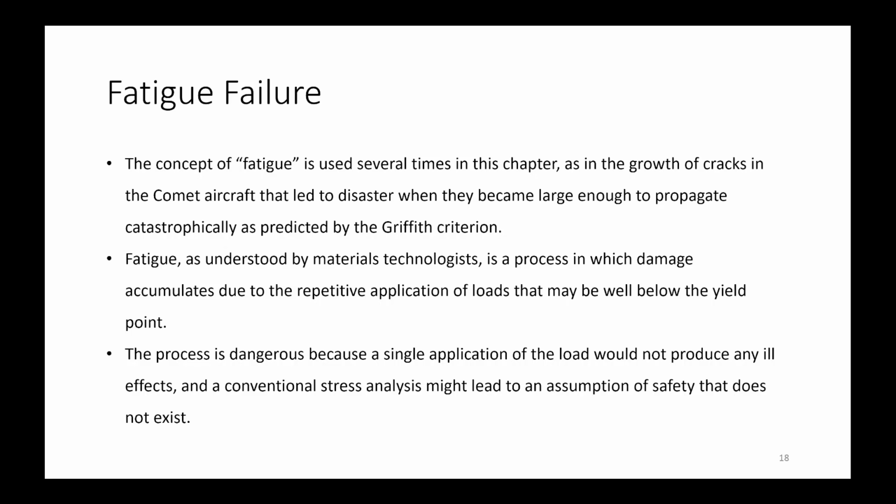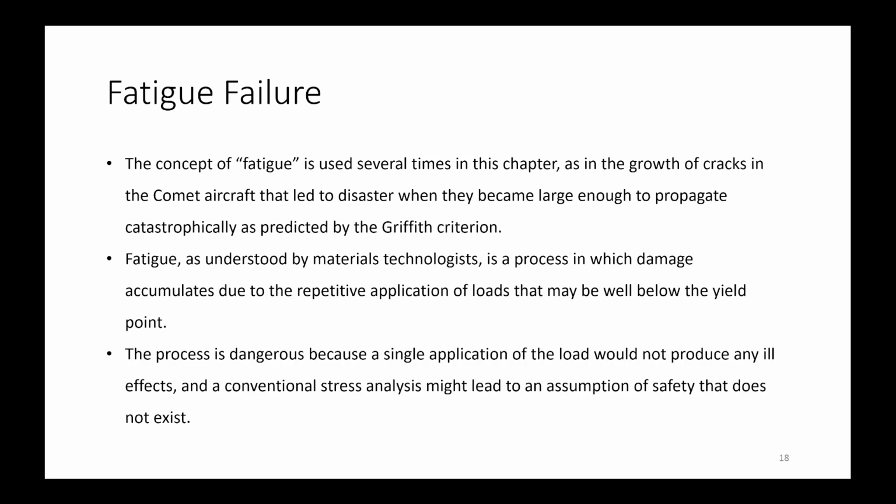The concept of fatigue is used several times in this chapter, as in the growth of cracks in the Comet aircraft that led to disaster when they became large enough to propagate catastrophically as predicted by the Griffith criteria.